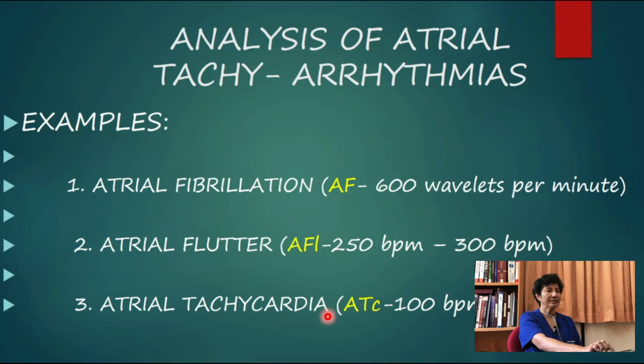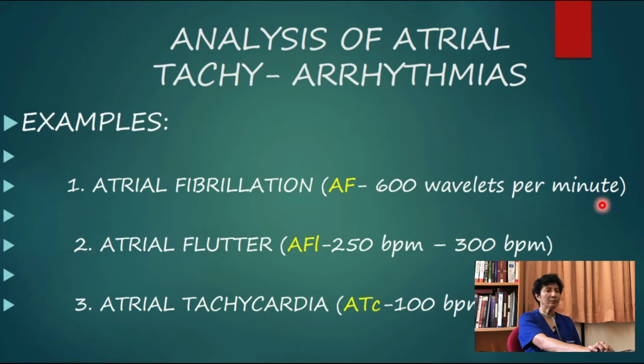As you know, in atrial fibrillation, if you look at atria, it has a tingling worm appearance. Electrical activities are going on at a speed of 600 wavelets per minute within atria during atrial fibrillation.